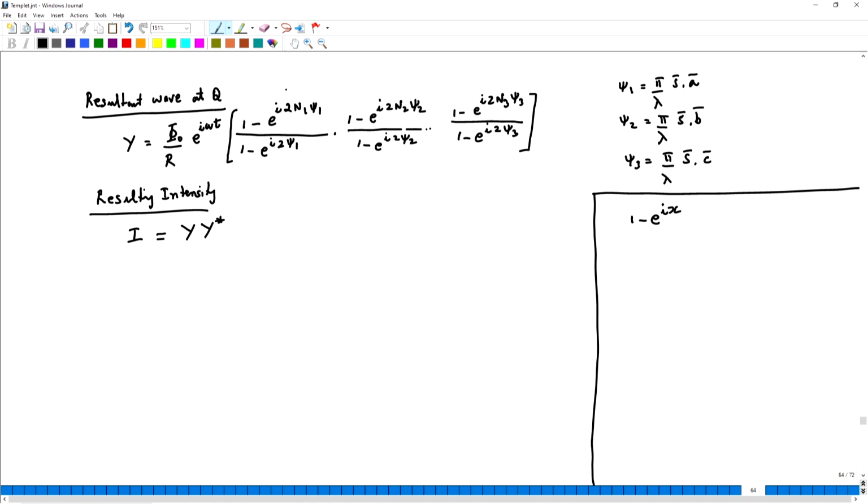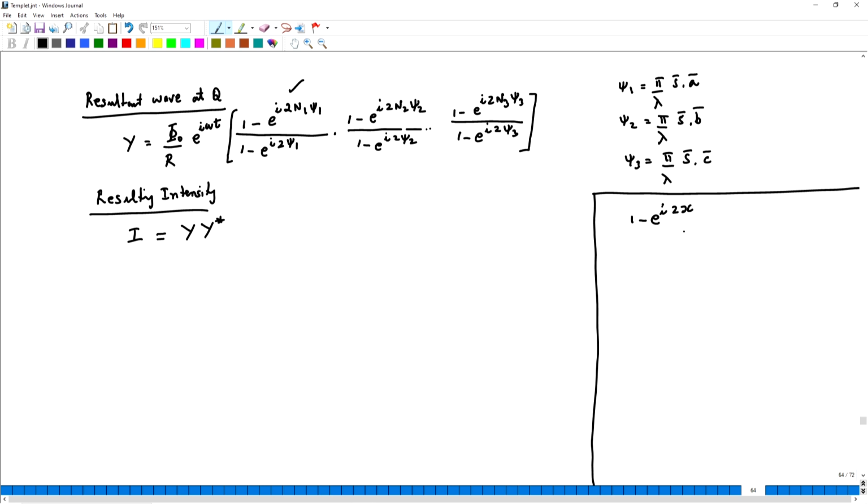If I look at the first term, x for the numerator is n1 psi 1, and for the denominator it would simply be psi 1.